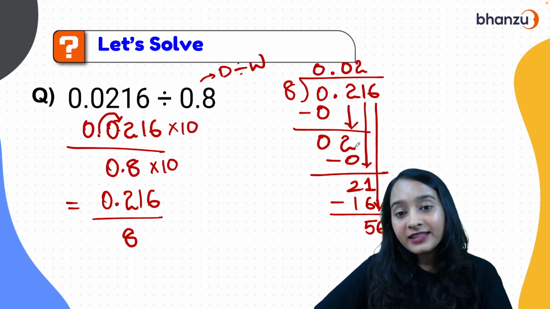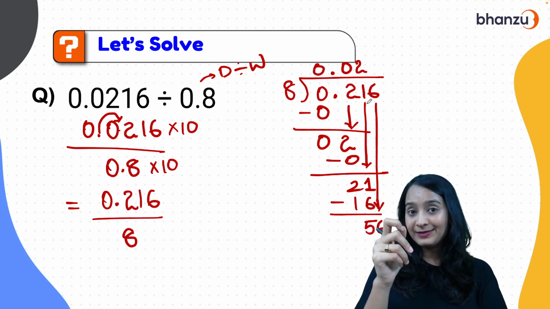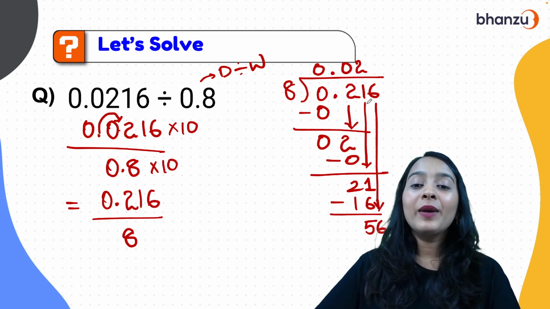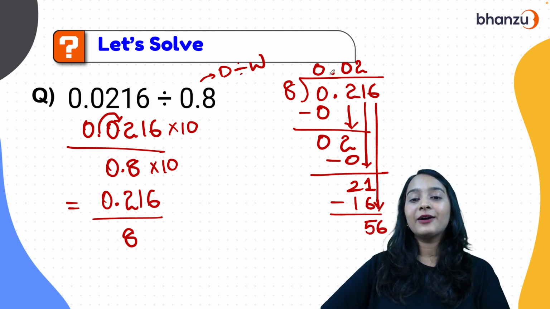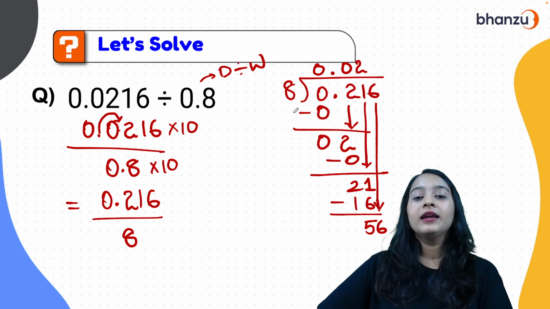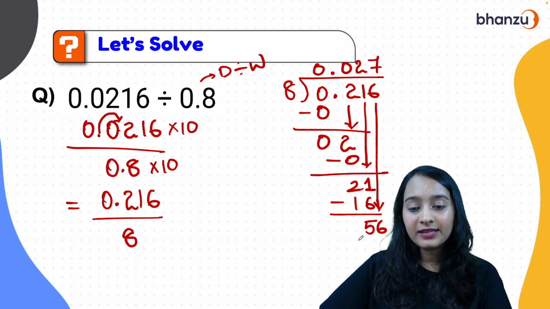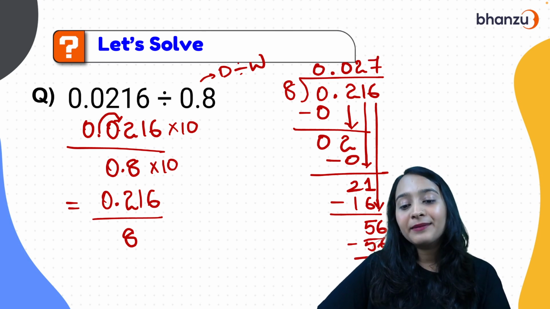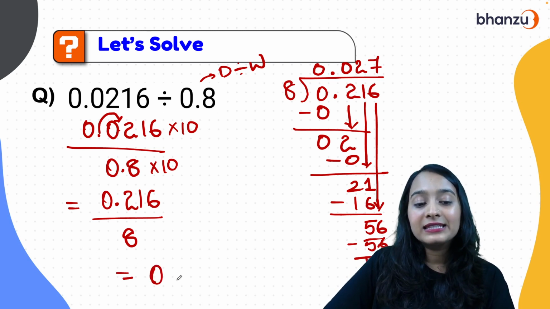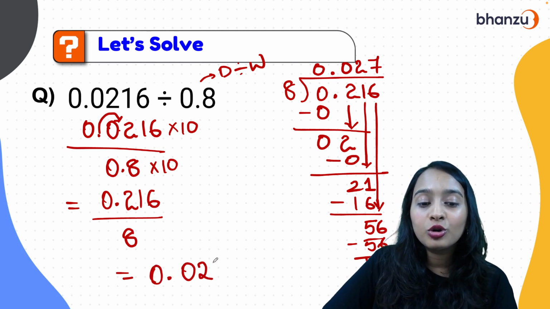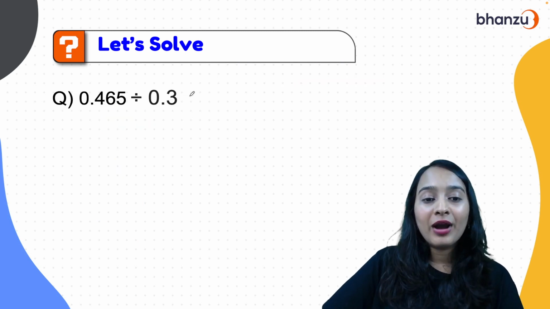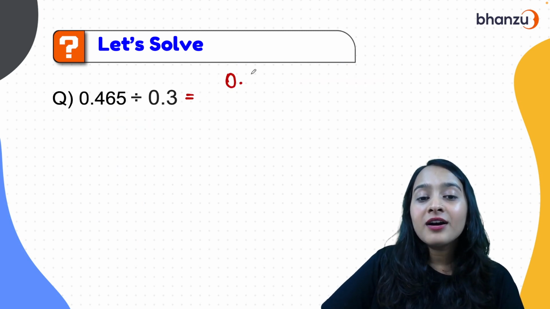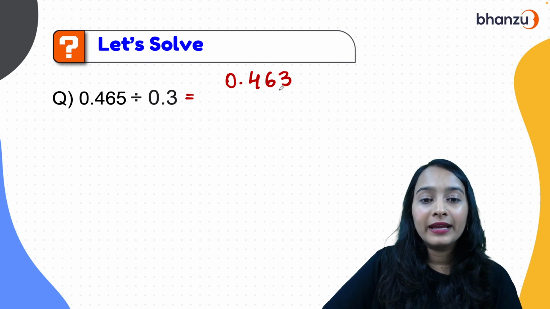And now after that also you will still have your decimal point in the numerator. So whenever you're bringing down a number after the decimal point, you just have to immediately keep a decimal point here. Now here you have 8 sevens of 56 and the remainder is 0. So the answer is 0.027.